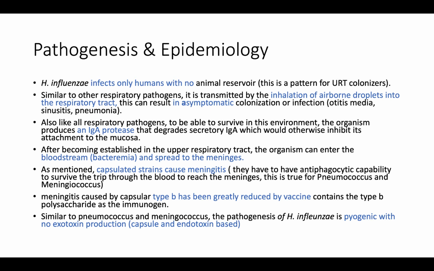Another thing that is common to all respiratory organisms that cause meningitis is the presence of IgA protease. This is something that we covered before. It has to have the ability to degrade the IgA that coats the pharynx and the upper respiratory tract. Otherwise, it will not be able to bind to the receptors.